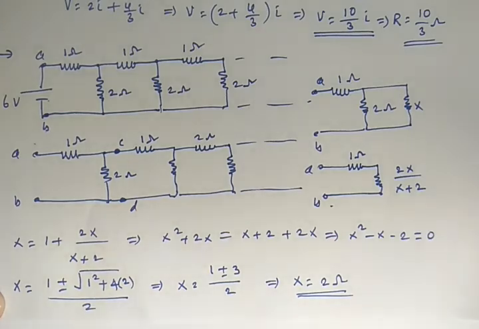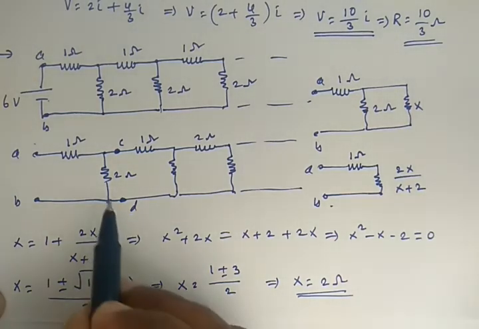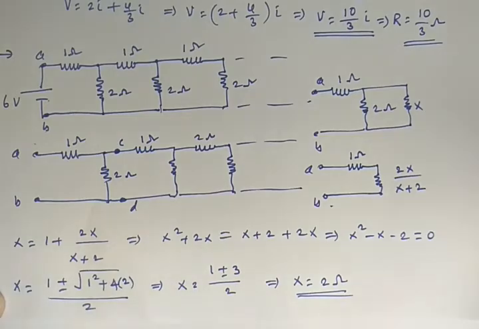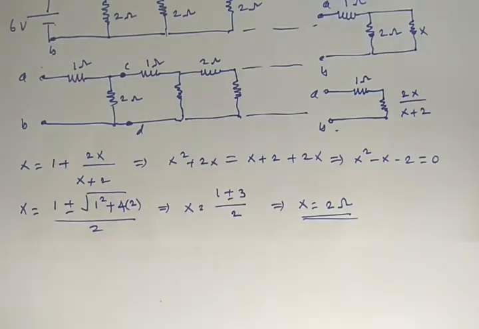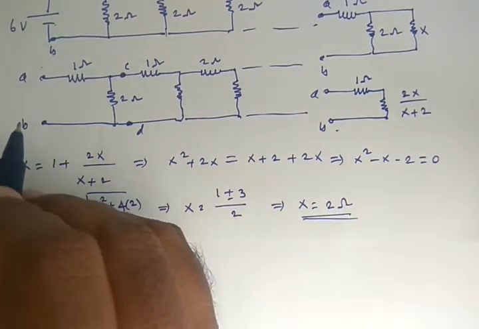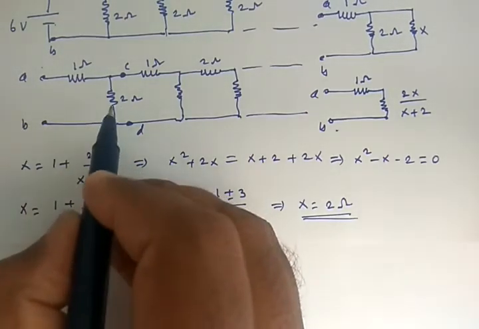Now let us compute the next question, that is, the current going through the 2 ohm resistor when you connect a 6 volt battery. So now we are connecting a 6 volt battery across these two terminals. Let us see what current will go through the 2 ohm resistor.